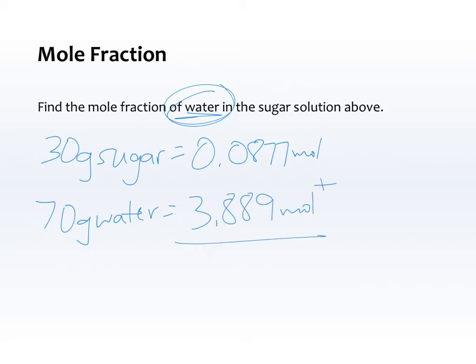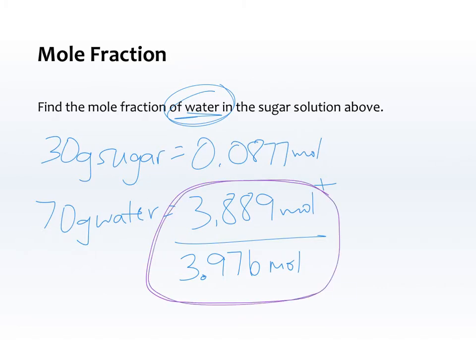And then we added those together, and I get 3.976 moles. So far I'm doing exactly the same thing I did before, except that now that I want the mole fraction of water, I'm going to take the moles of water divided by the total instead of sugar divided by the total. So I'll take 3.889 divided by 3.976.